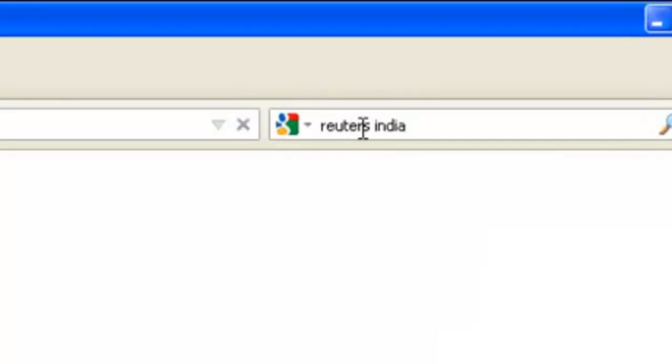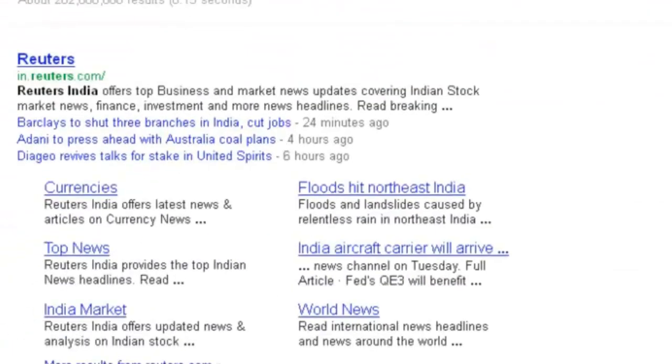This will give you data which is not available on Money Control. So let's check whether we can get this data on Reuters India.